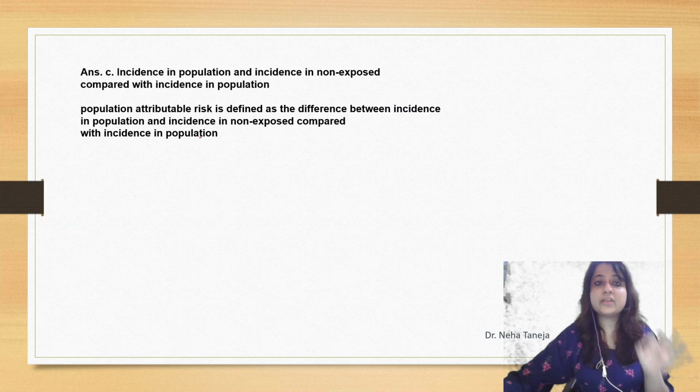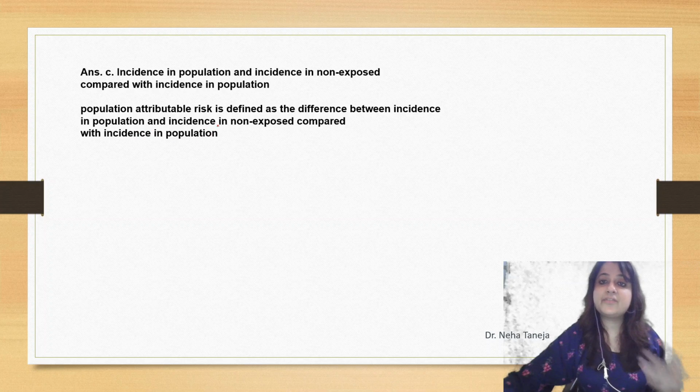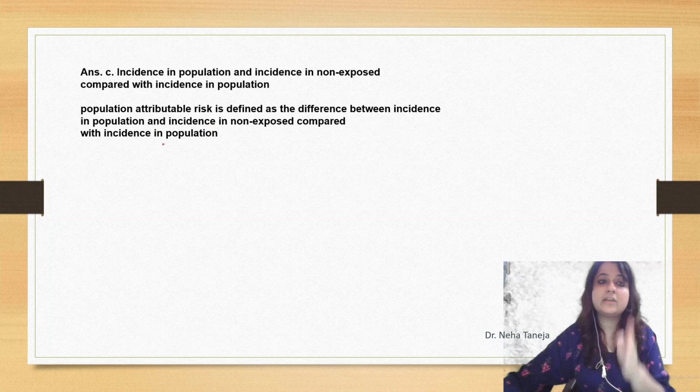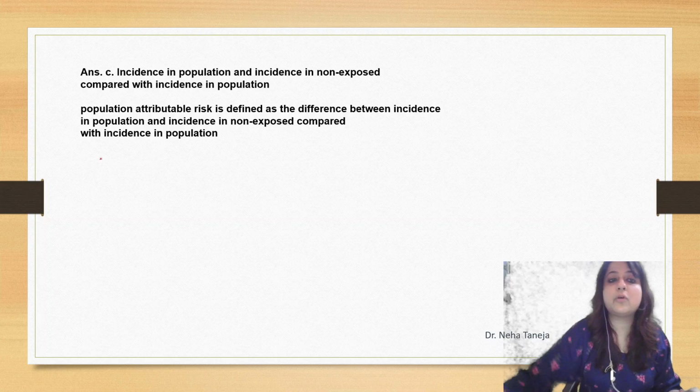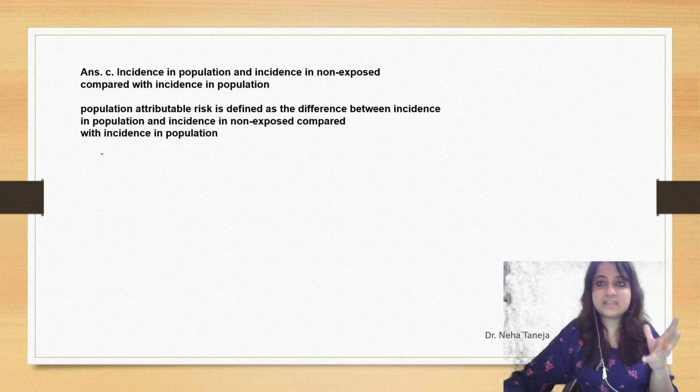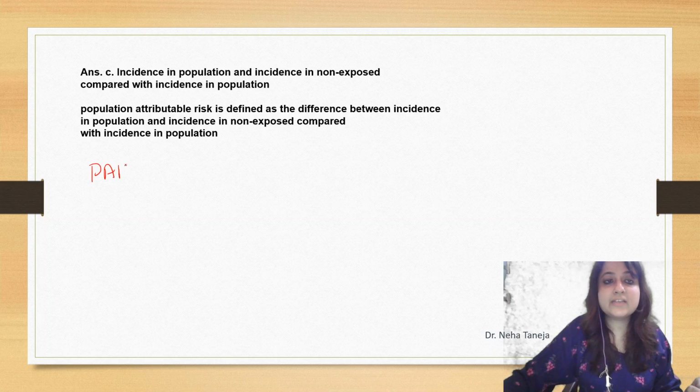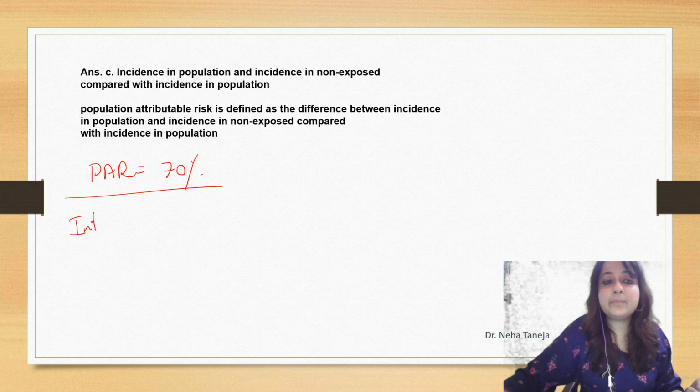What is population attributable risk? Defined as the difference between incidence in population and non-exposed compared to incidence in population. Suppose we were studying smoking and lung cancer, and population attributable risk comes out to be 70%. So what is the interpretation of this?